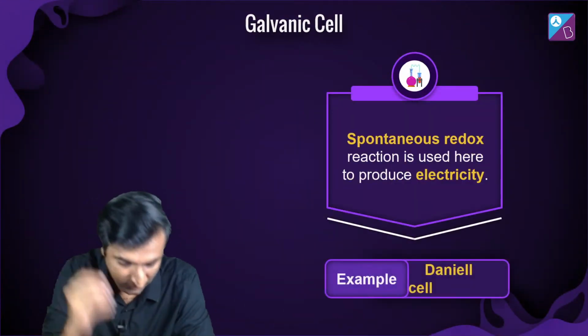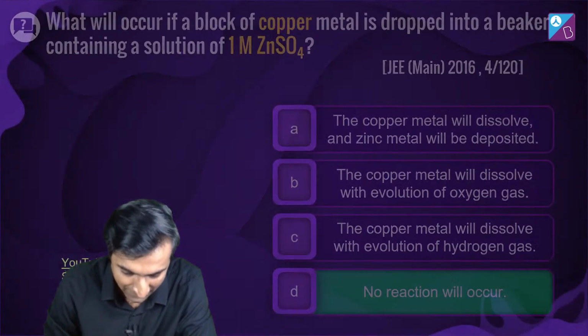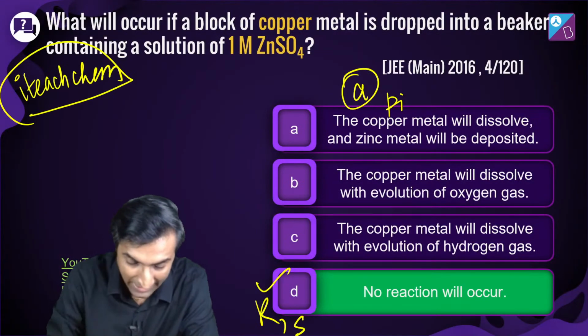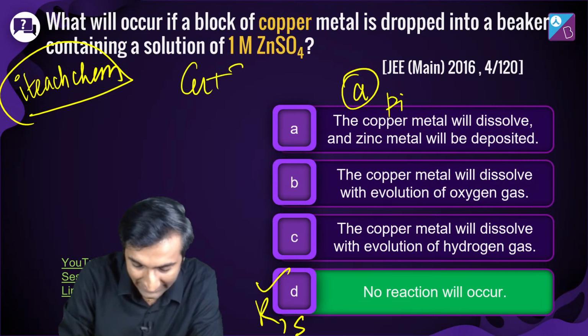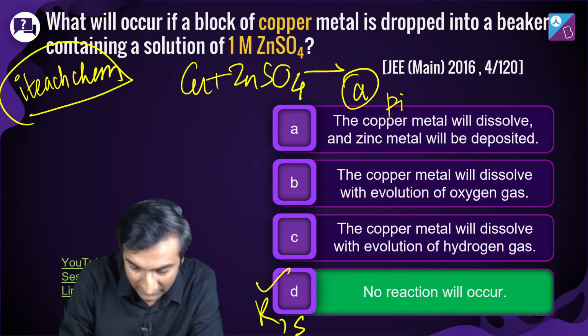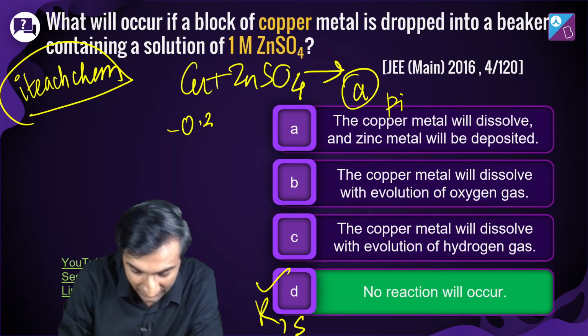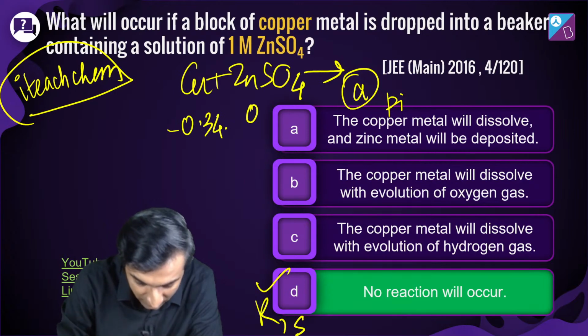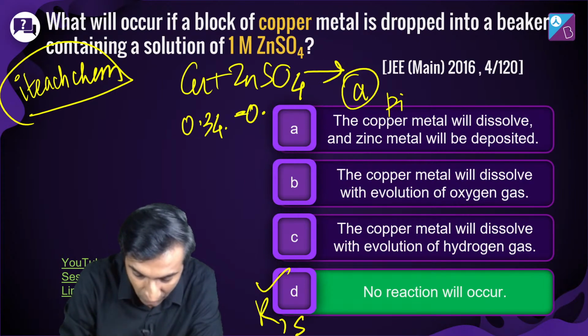खैर, let's move on to what is a galvanic cell. Are you okay? How उसमें D क्यों था? मैंने explain नहीं किया ना. Sorry, my bad. In all the drama, I forgot this. देखो यार, copper plus ZnSO4 is not going to happen. Positive 0.34, negative 0.76.